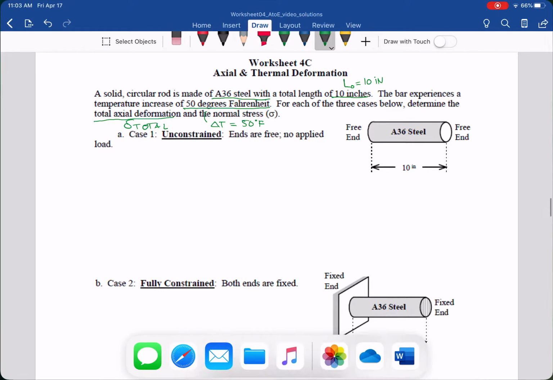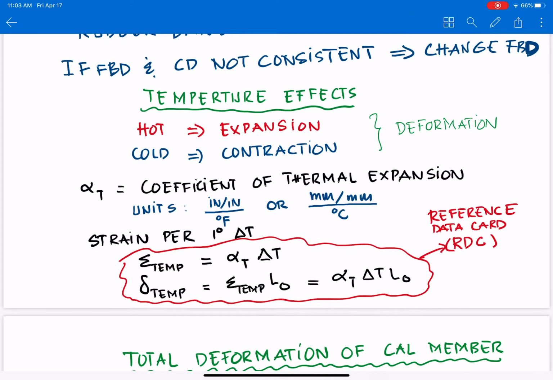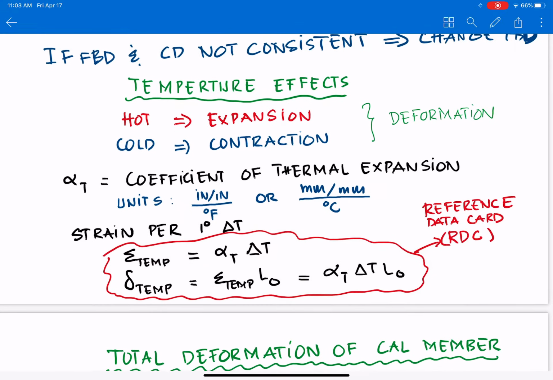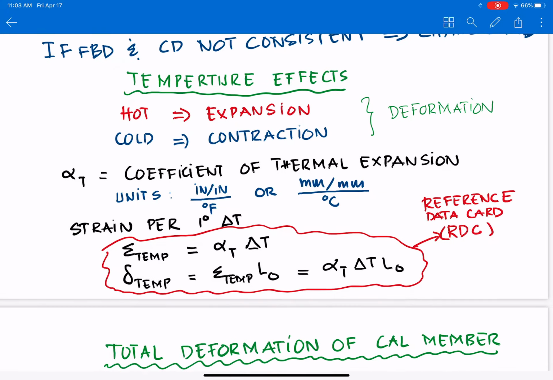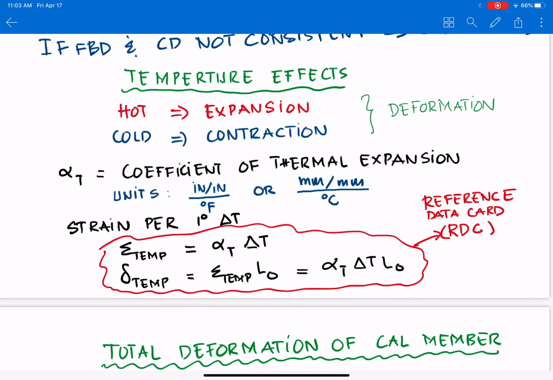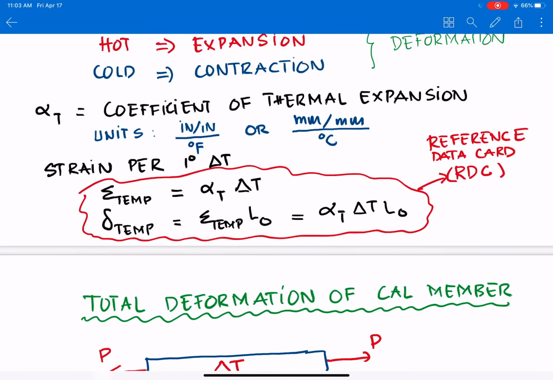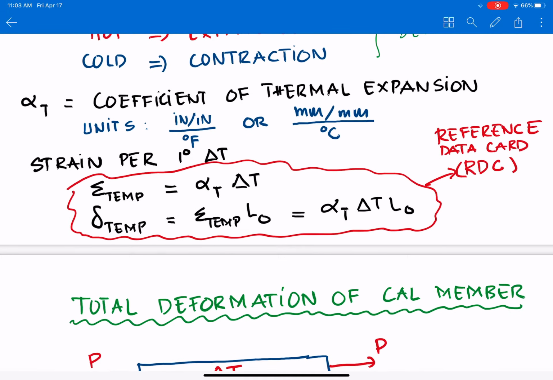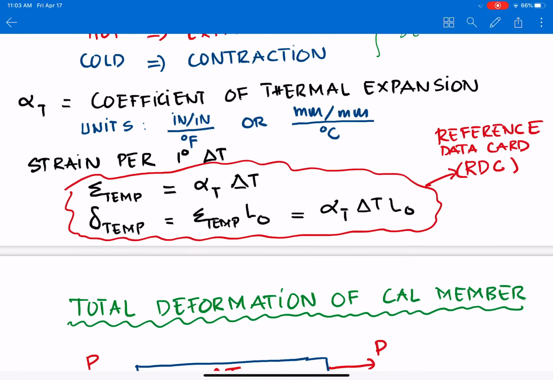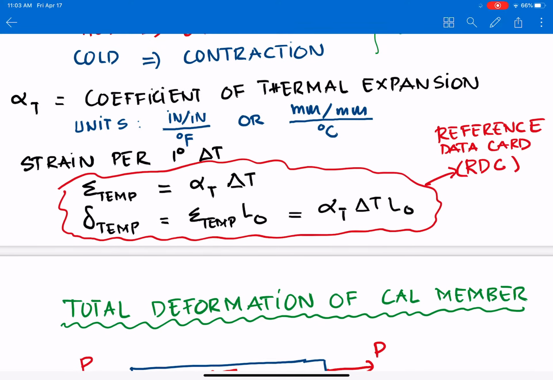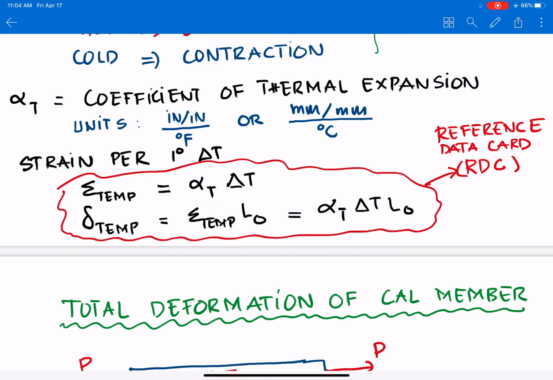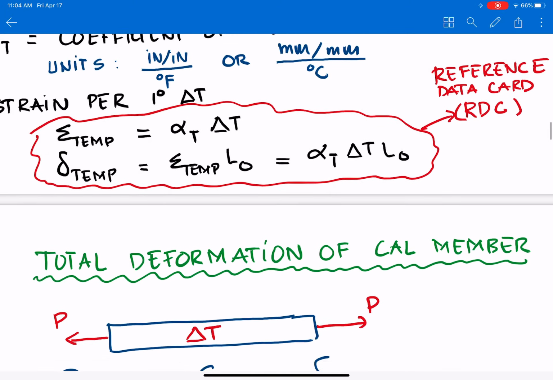What is delta total? Go back to our temperature effect: hot, expansion; cold, contraction. We have the coefficient of thermal expansion in appendix B for each material. For the temperature effect, the normal strain is alpha T delta T. The deformation due to temperature will be alpha T delta T times the original length, L0.